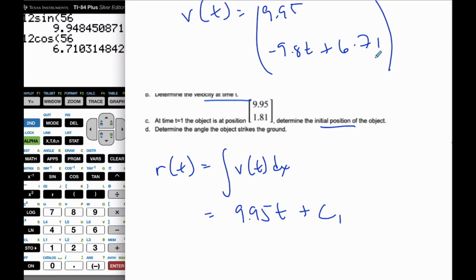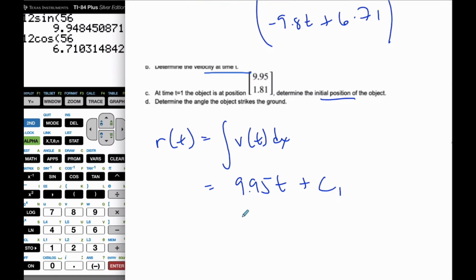And the integral of the other is negative 9.8 t squared divided by 2, which is negative 4.9 t squared, plus 6.71 t plus some constant C2.